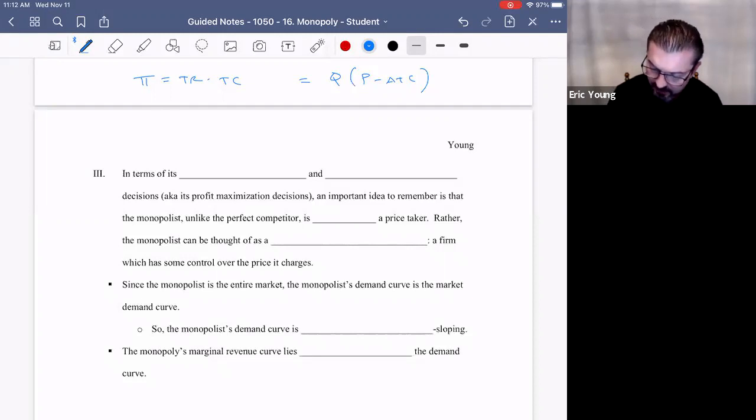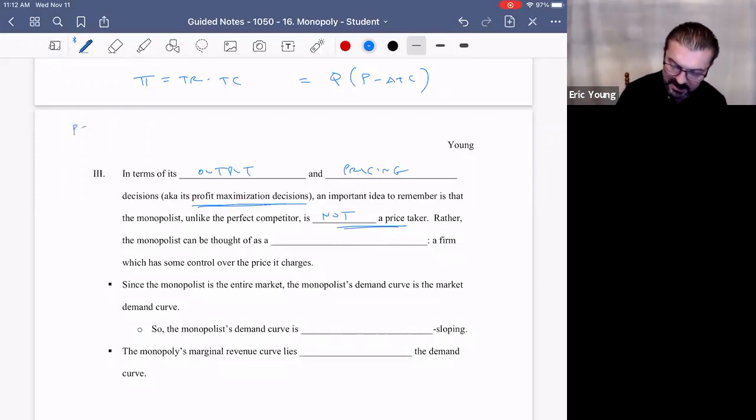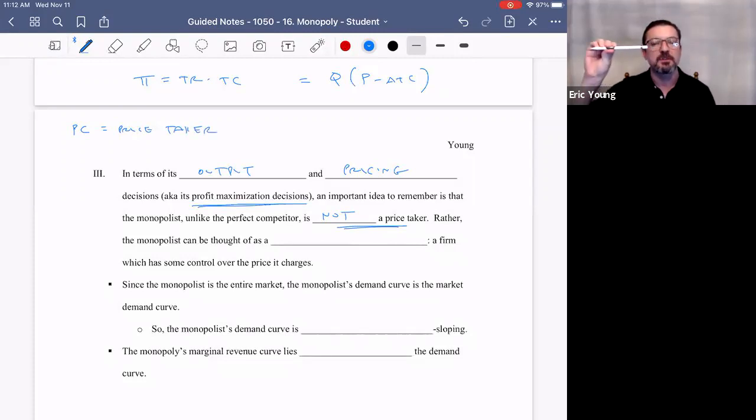In terms of its output and pricing decisions, in other words, in terms of its profit maximization decisions, an important thing to bear in mind is that the monopolist, unlike the perfect competitor, is not a price taker. We had said in our last set of videos that perfect competition was a price taker, and you recall that that meant that their demand curve was perfectly horizontal, perfectly elastic.